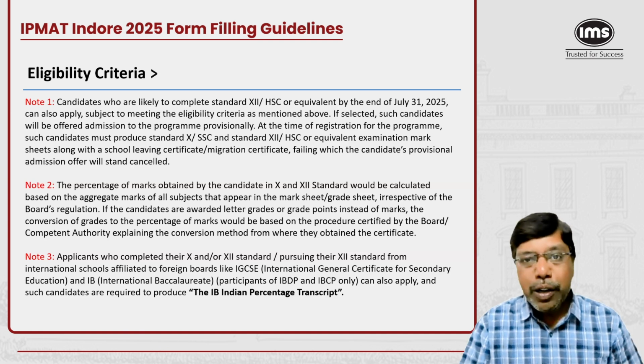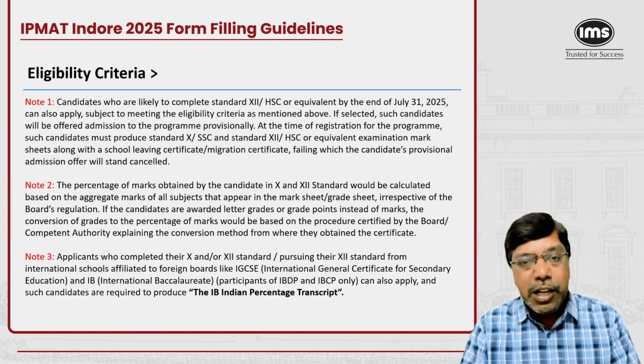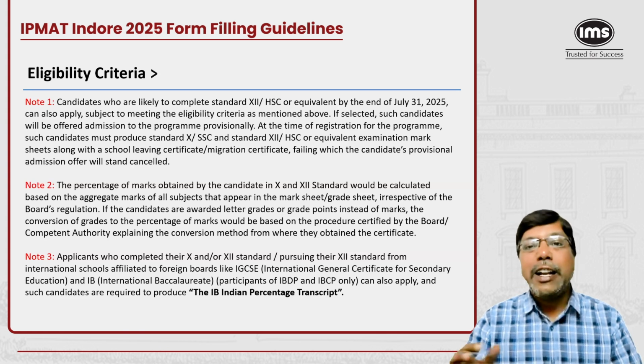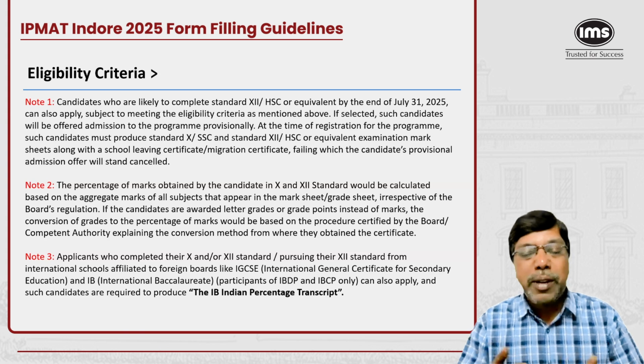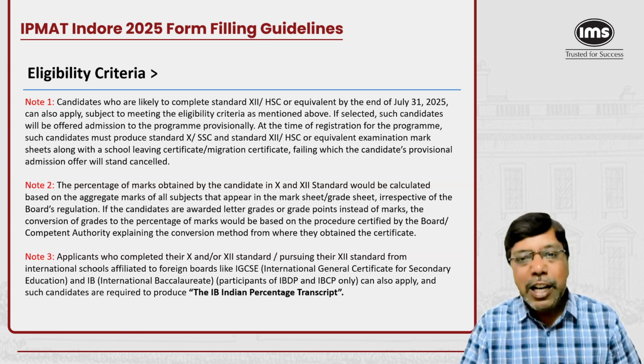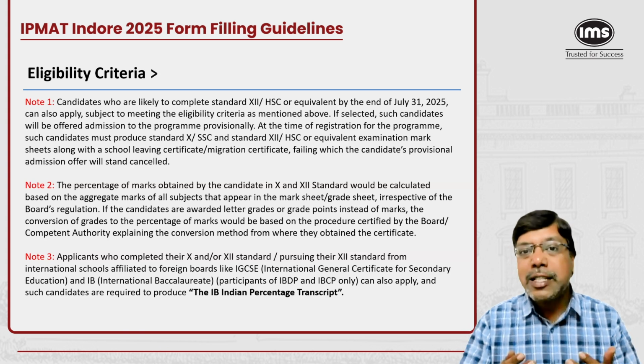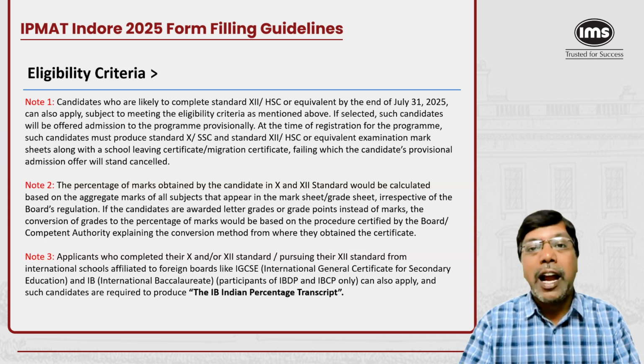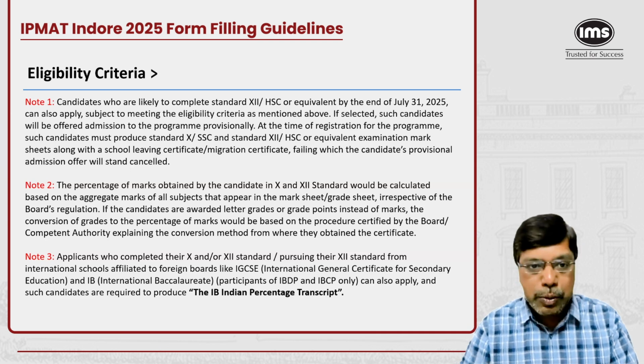While filling the form, where you have to enter the percentage of marks you have scored in your 10th and 12th standard, kindly note that the percentage should be calculated by considering all the subject marks that are present on the mark sheet, irrespective of the guidelines your board follows.